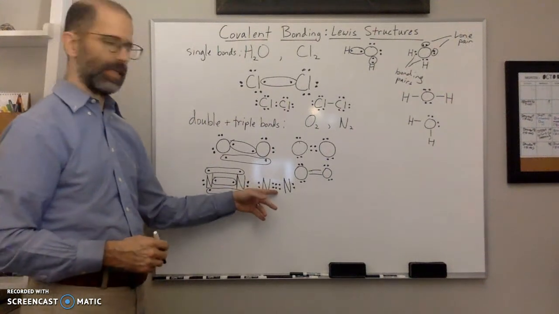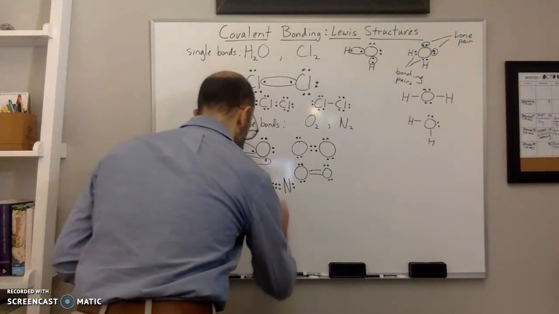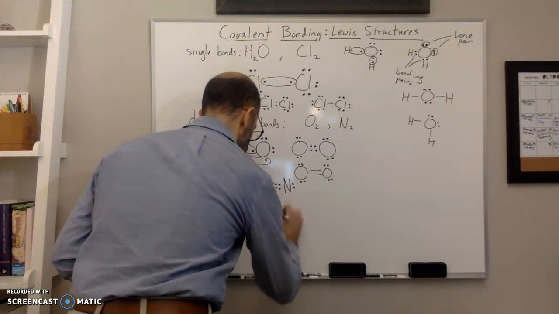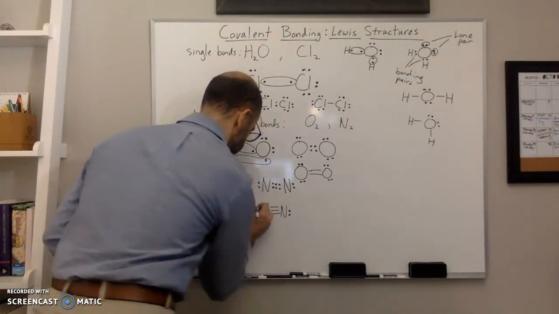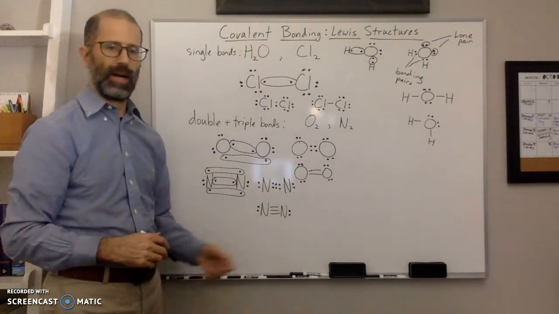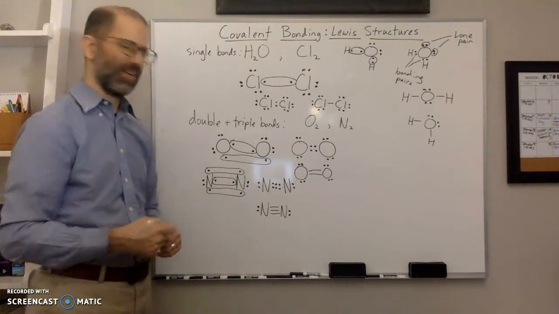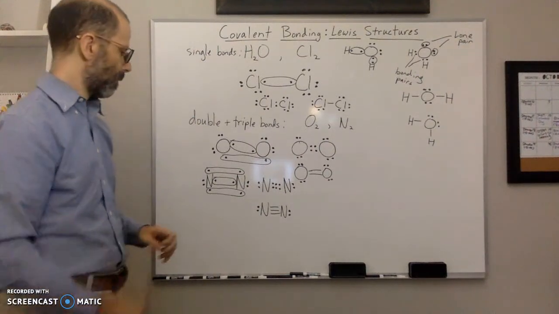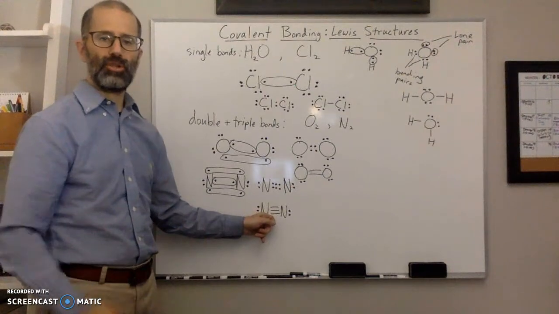And again, you could replace these with 3 lines. So this would be also good. This is the way I prefer to do it, and a lot of people prefer to do this. It's just easier to write, and it's quicker. And writing dots all the time can become cumbersome and kind of monotonous. So here you can just do 3 lines, and each line represents 2 electrons.